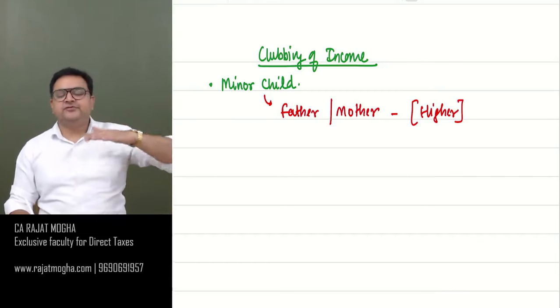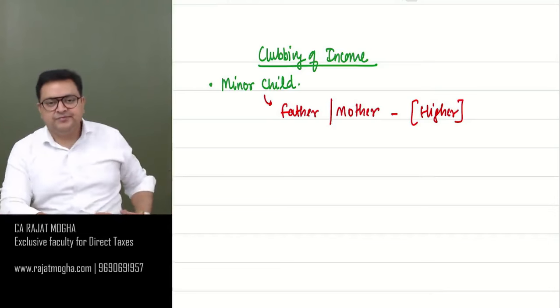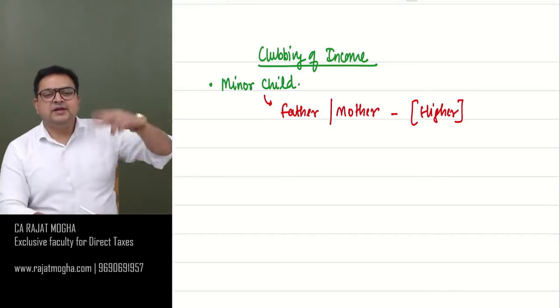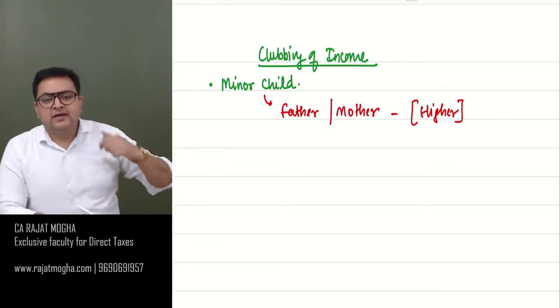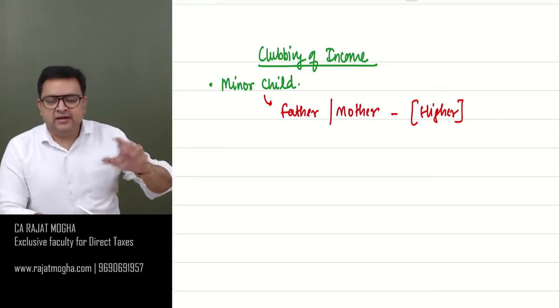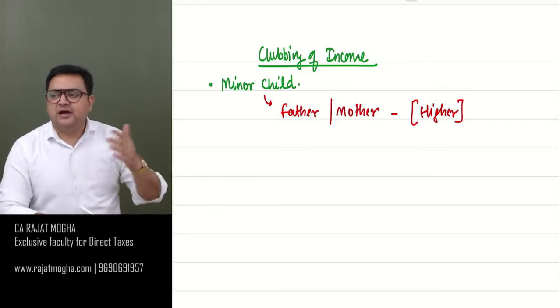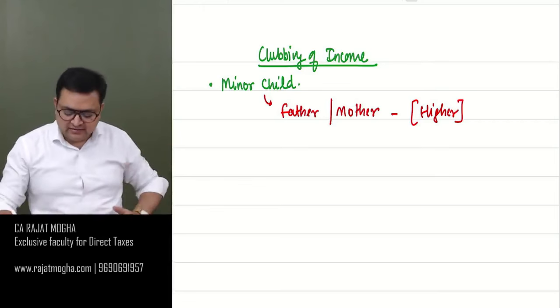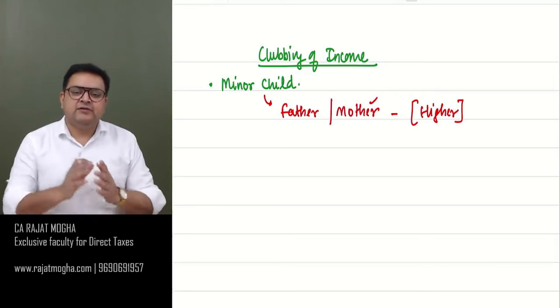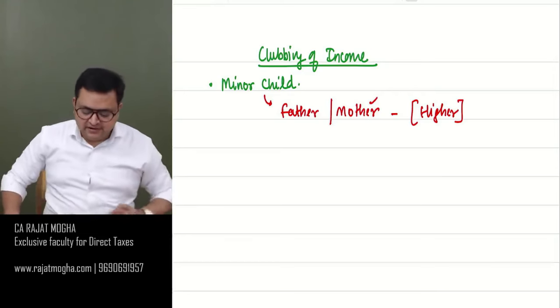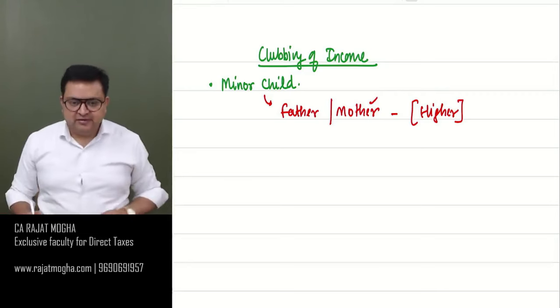Let's say this year is the first year when the minor child is having income, and this year mother's income was higher. So we will add it in the hands of mother. Next year, when we add it, we will not see who is earning higher income. Always in the first year, wherever we have added, we will add in that hand only. Correct? So father or mother, whichever income is higher.